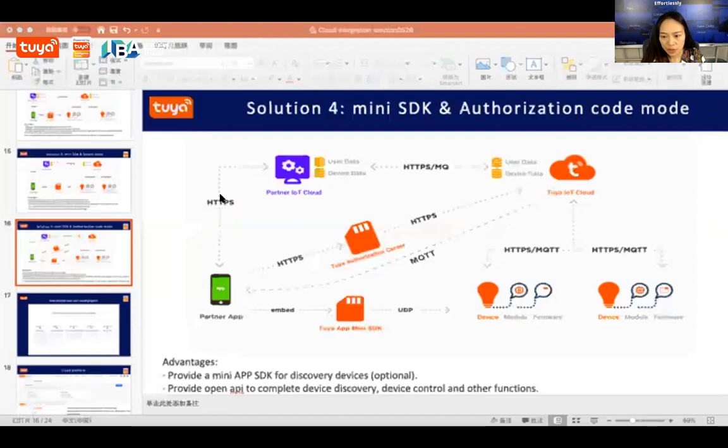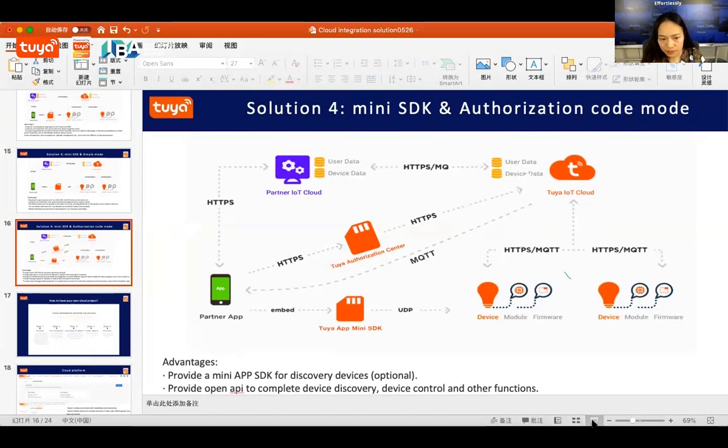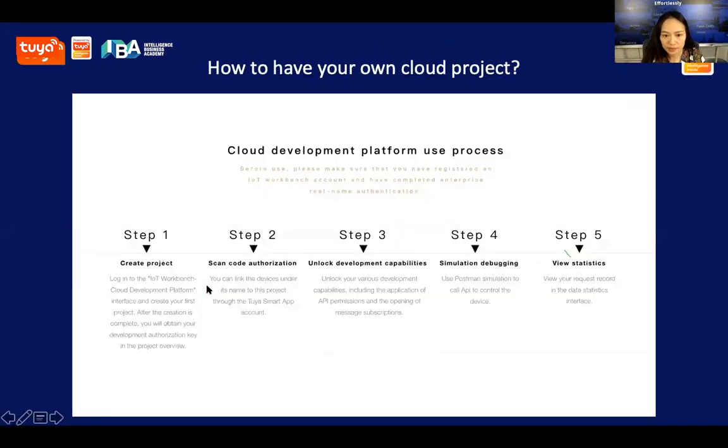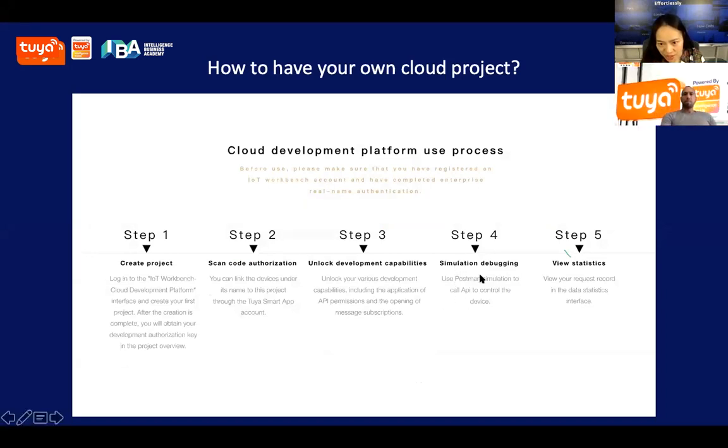Okay, let's go back to the slide. I've already introduced how to build your own cloud project on the platform. Here, as I just mentioned, the simulation debugging uses Postman.